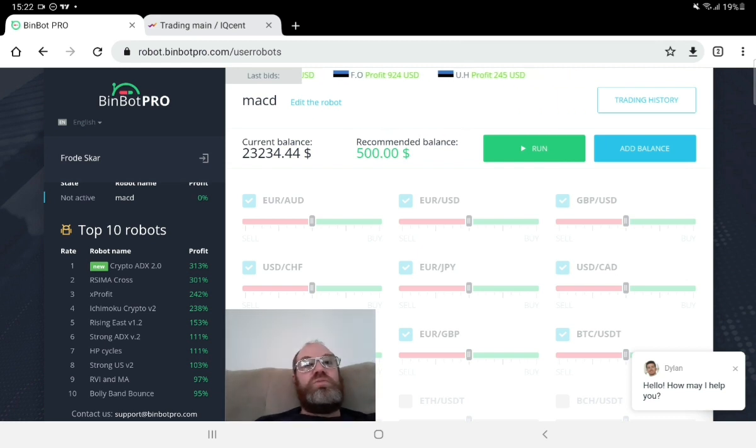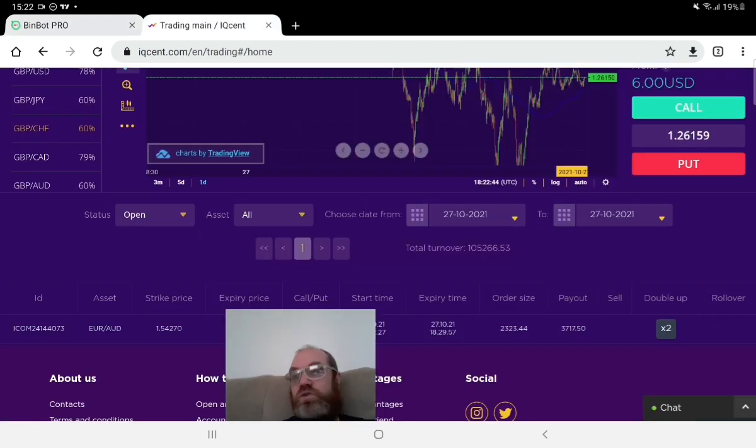Both are good. So then we bring up the good old calculator just to see what type of profit we will get from this trade. We take 3,717 minus 2,323.